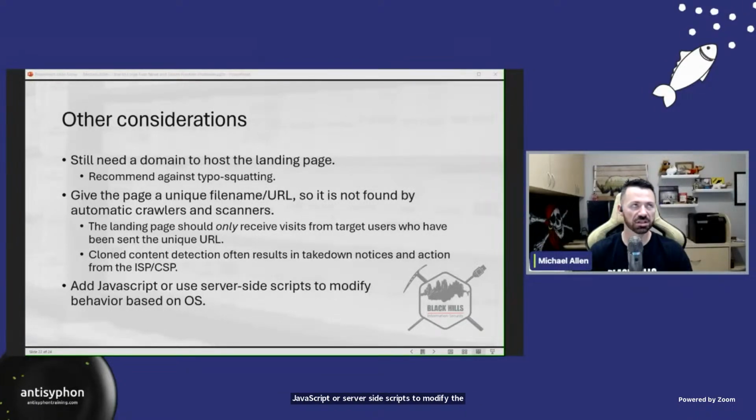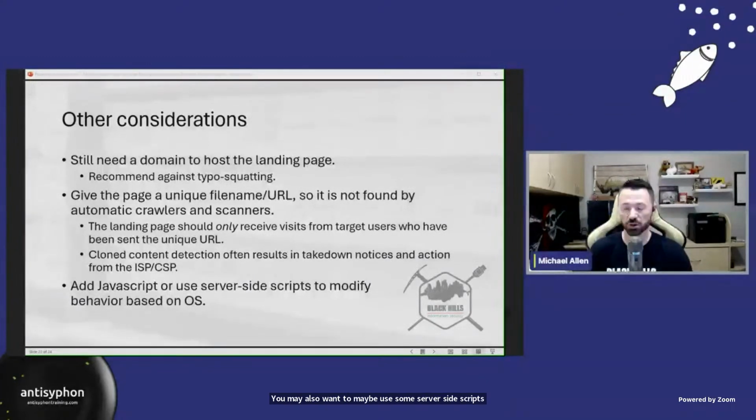So I already mentioned if you have somebody trying to download your payload and it's a mobile device, you want to change the page so that it displays a warning and says, oh, you can't do this on a mobile device. You may also want to use some server-side scripts, for example, to prevent the page from being even shown if it's visited by a bot. Anything with bot in the user agent is a good giveaway.